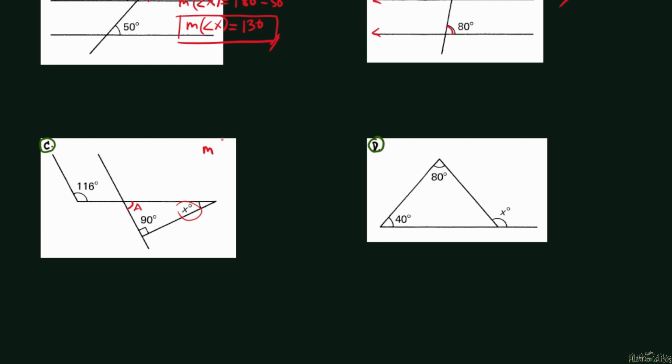So the measure of this angle x plus the measure of angle A is equal to 90 degrees. So our x is equal to 90 degrees minus the measure of angle A, whatever the value of this A.